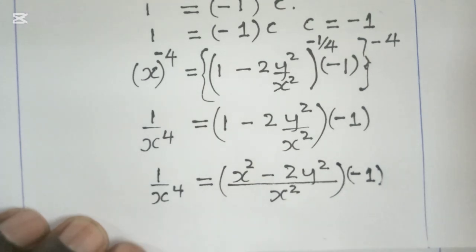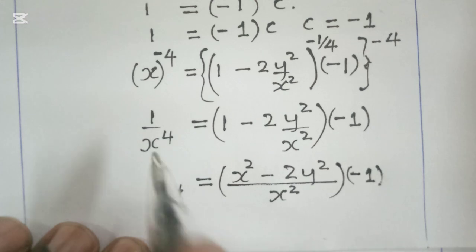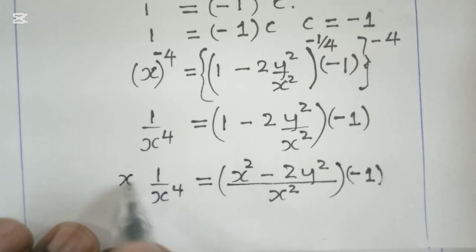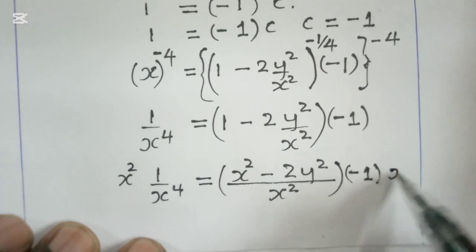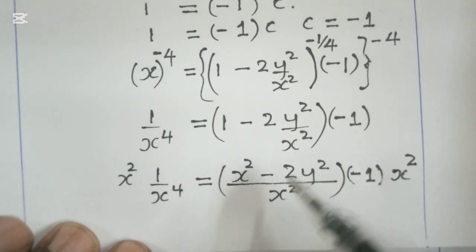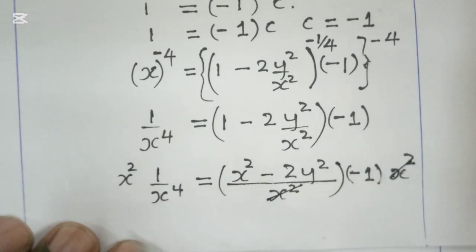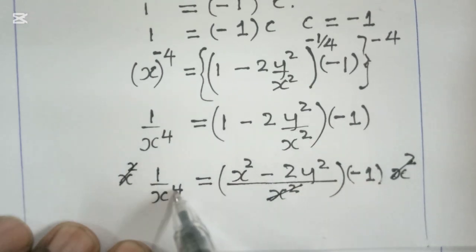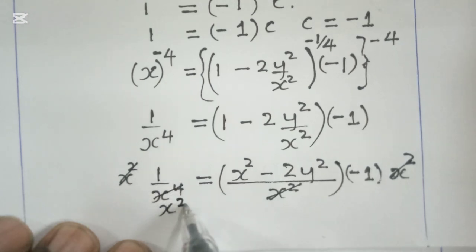Then from there we can multiply this side by x raised to 2, and we also multiply this side by x raised to 2, so that this can cancel and this can cancel, and here we are left with x raised to 2. So x raised to 2 there.